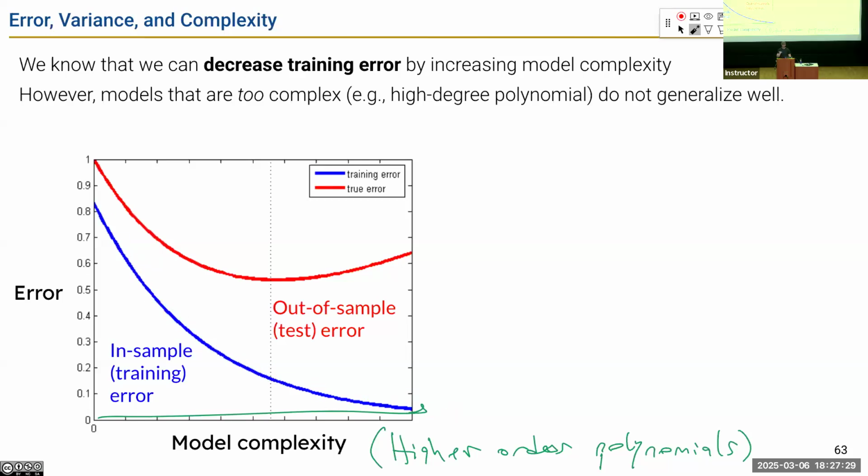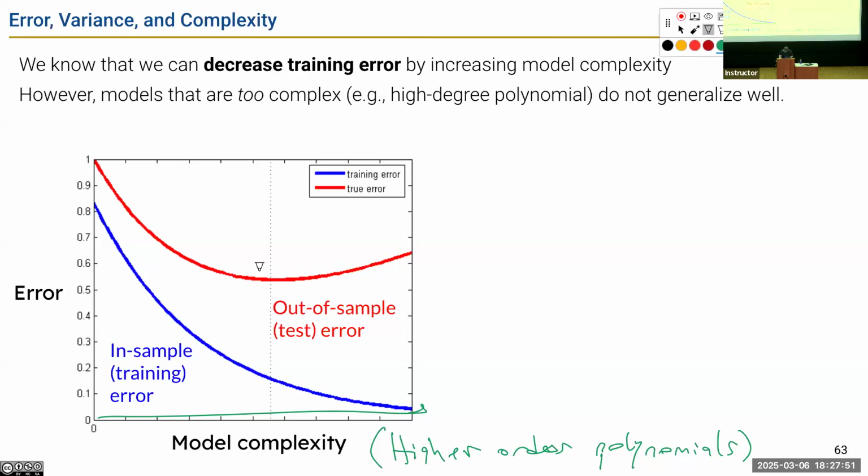But our out of sample error will not be 0. It'll go down a little bit as our model gets more complex. OLS will probably do a little bit better than the constant model in most cases, but there's a point where our model gets too complex and begins overfitting, and our out of sample error starts increasing.